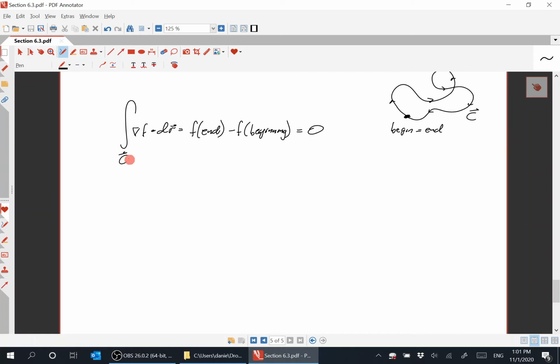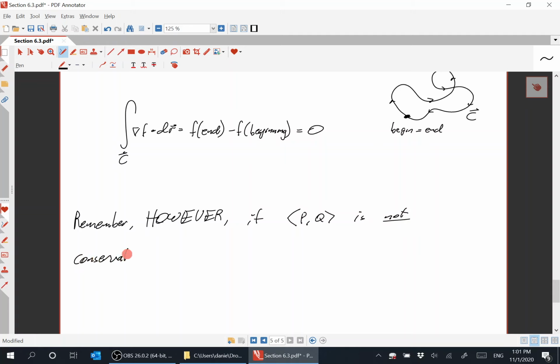So just one bit of warning before we finish this section. Remember, however, if the vector field PQ is not conservative, then the fundamental theorem doesn't apply.